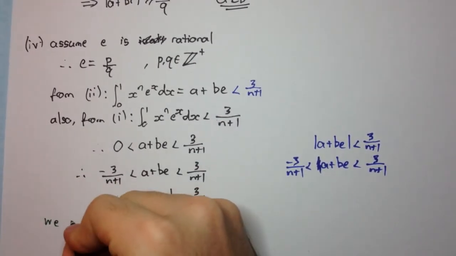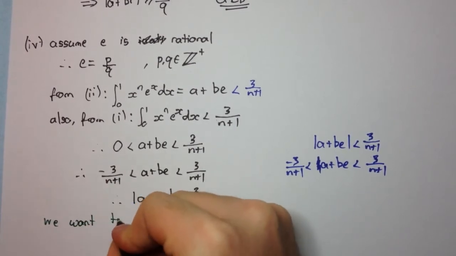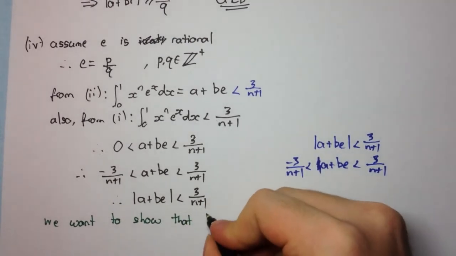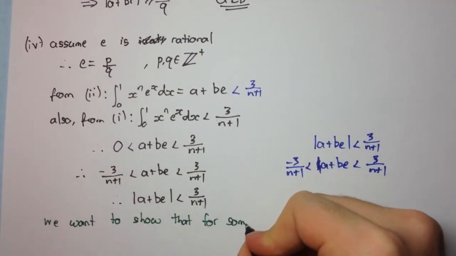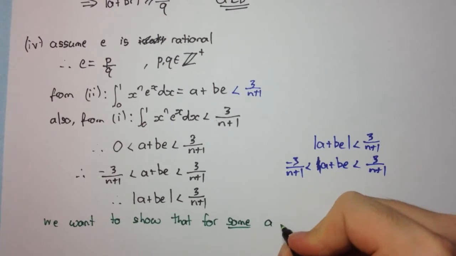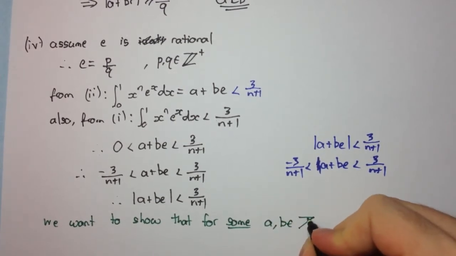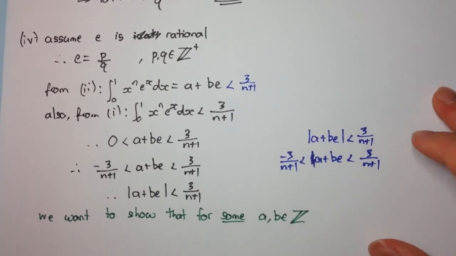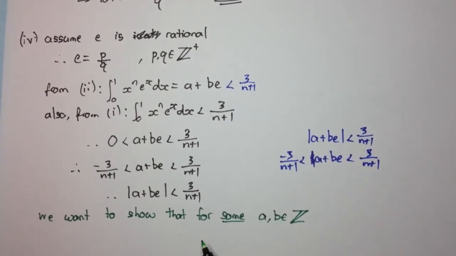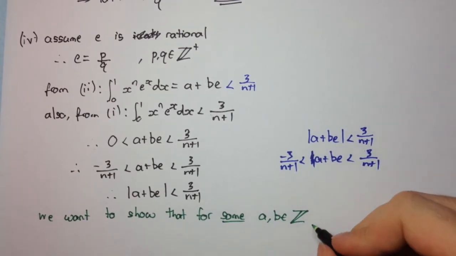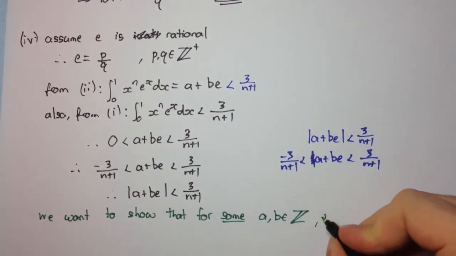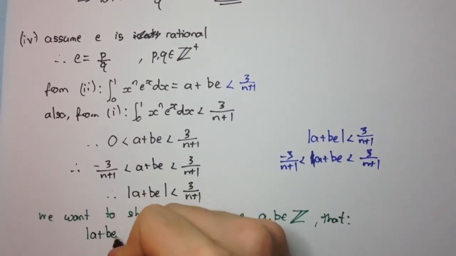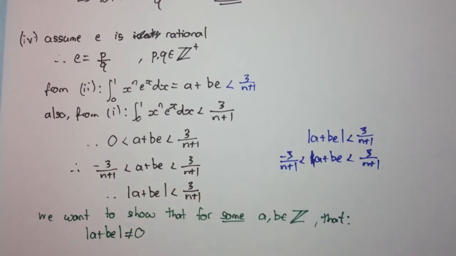We want to show that for some a and b that are integers, and we don't have to show it for all. If we can show it for one a and b, that's enough. We can show it for some a and b that are integers, that in these two cases, the absolute value of a plus b e is non-zero.